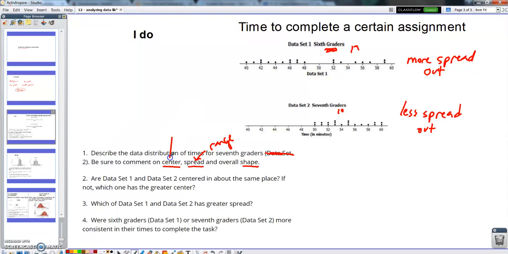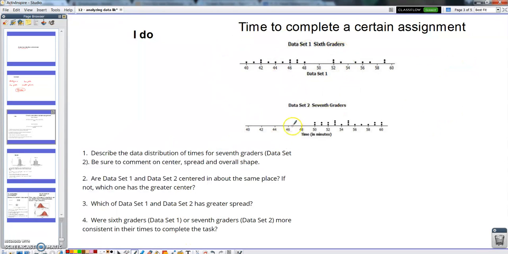So center, when you're looking for center, that's literally the median. We just want to know, where's the middle? Because that's a lot of times what statisticians are interested in. I'm not going to count the exact one, but I'm going to guess probably the middle 6th grader was that one, pretty close if I'm not exactly right.